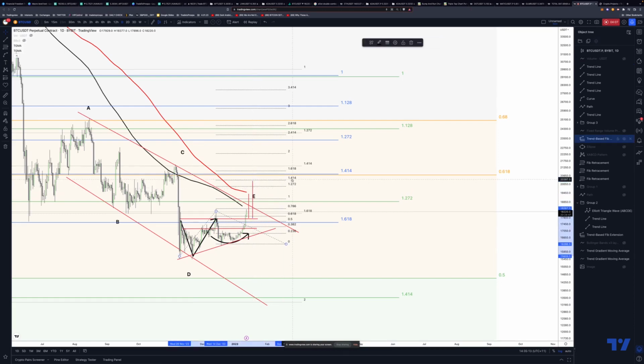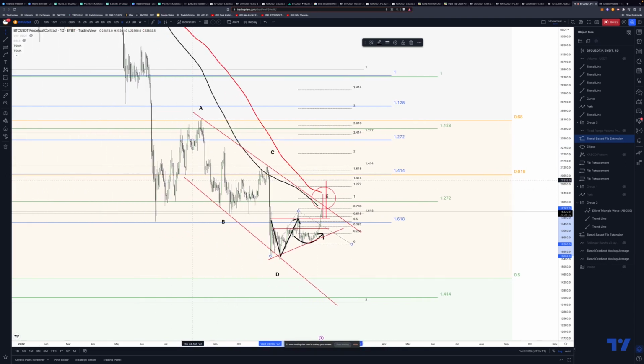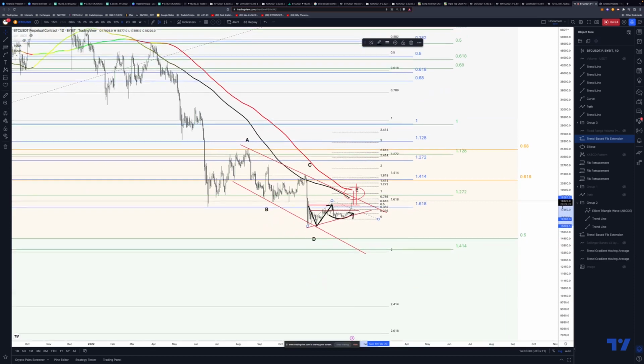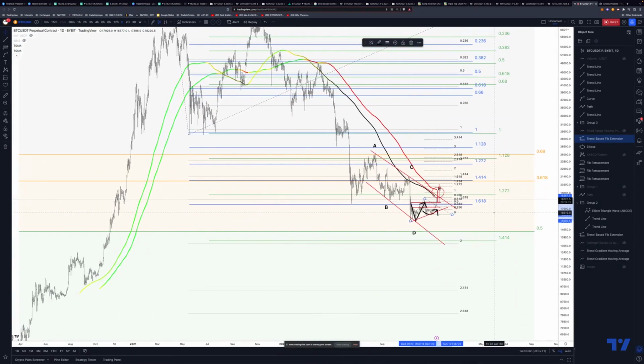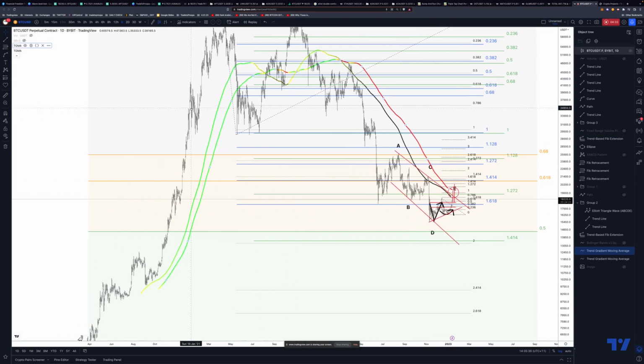You can see how they are confluent with a number of Fibonacci's. But I think this is a significant level of interest, because the 21 daily has been acting as support for a long time if you look back, and it hasn't really been touched until it goes further.